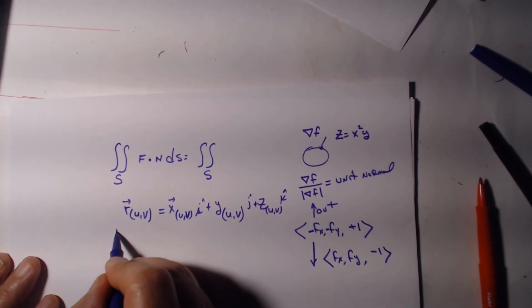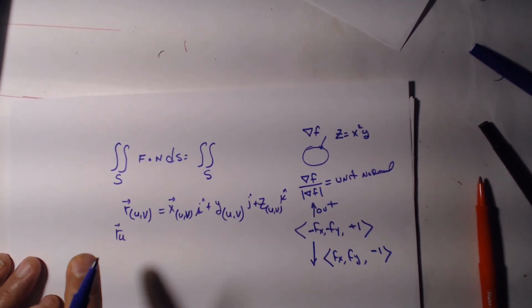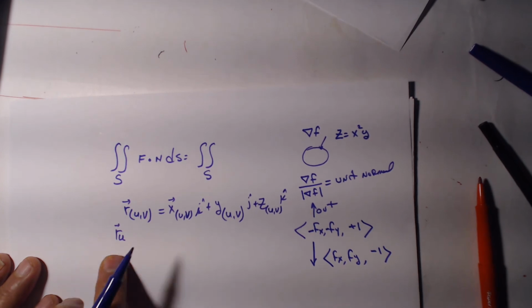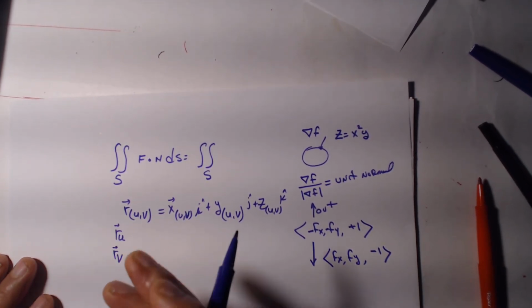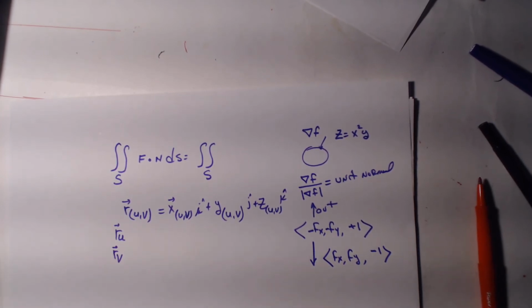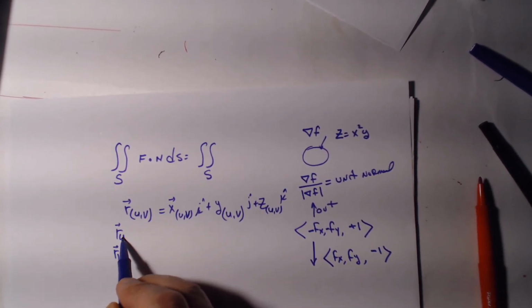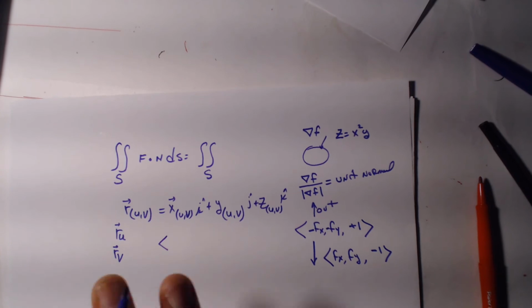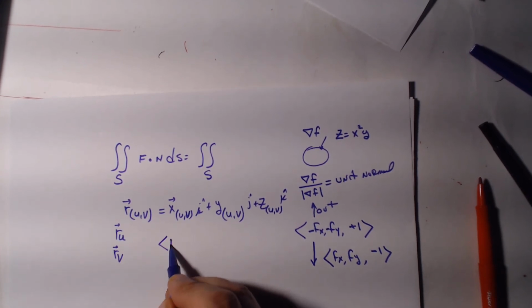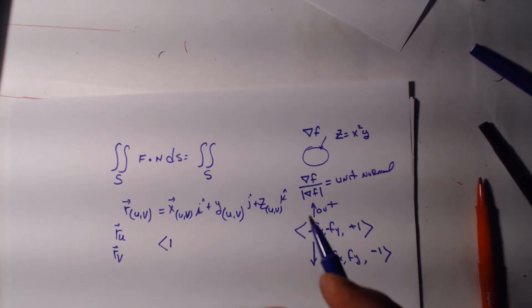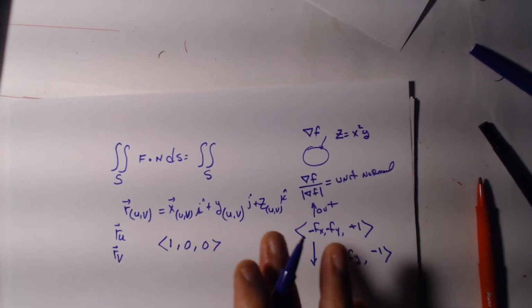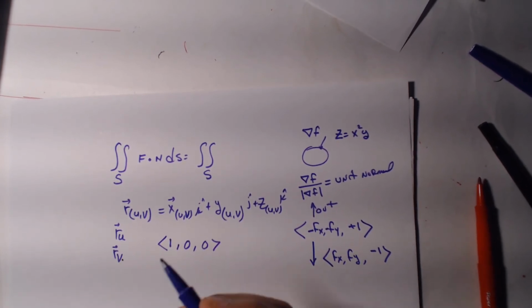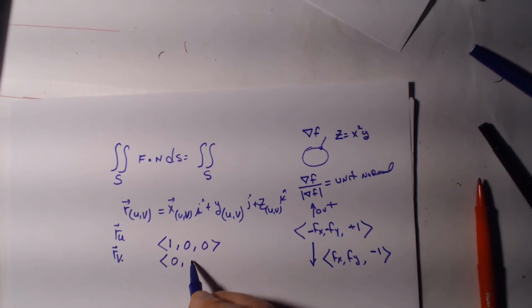In here, you have the rate of change in the direction of the u axis, and the rate of change in the direction of the v axis. This means r of u, I'm assuming, is a vector, like a unit vector along the x-axis.